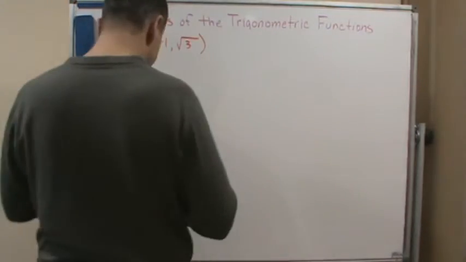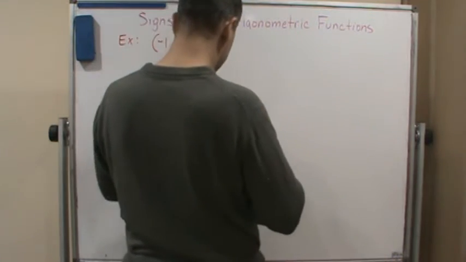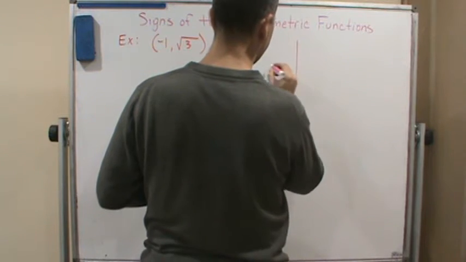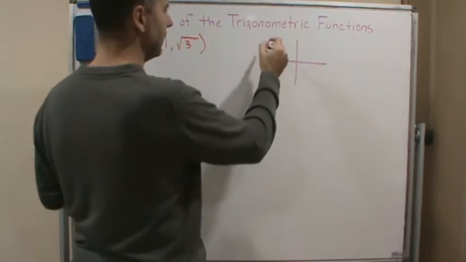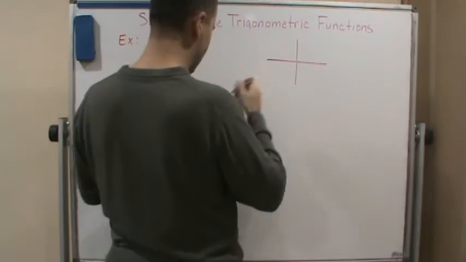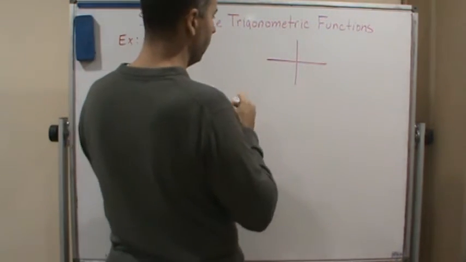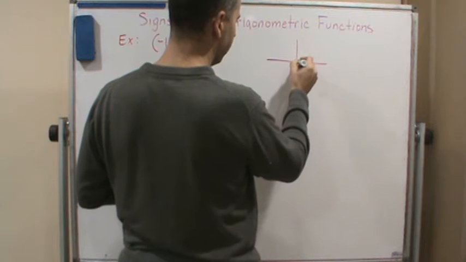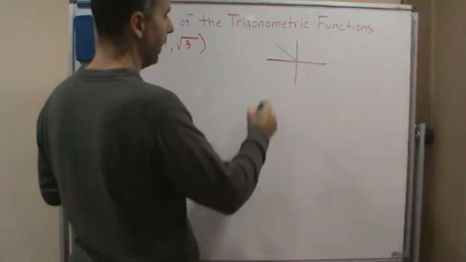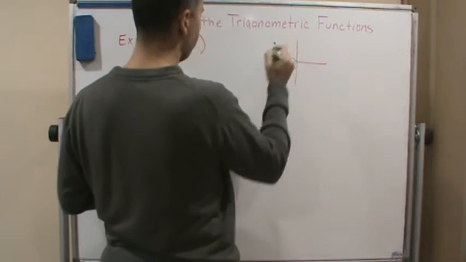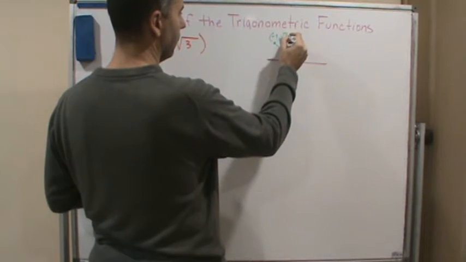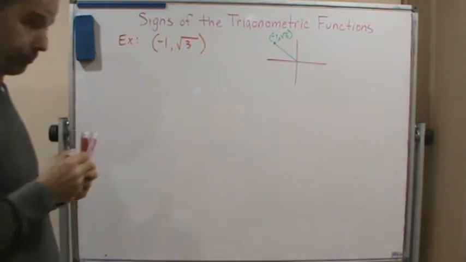Okay, so that means when I'm creating my triangle, I know I'm going to be in the second quadrant, and so my terminal side has to be in here somewhere. And again, I don't care how I draw the ray, but it has to go through the point -1 comma square root of 3.